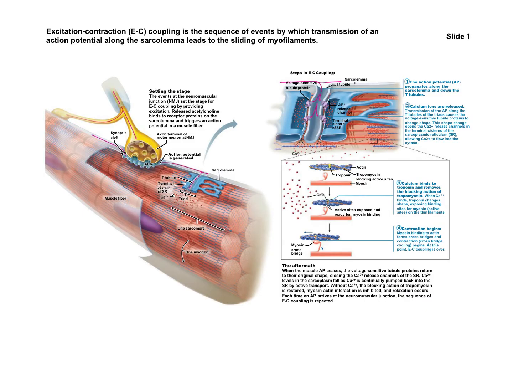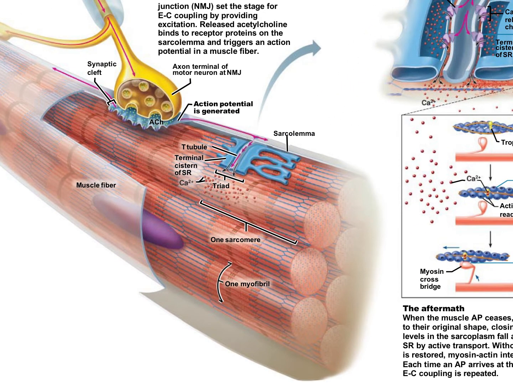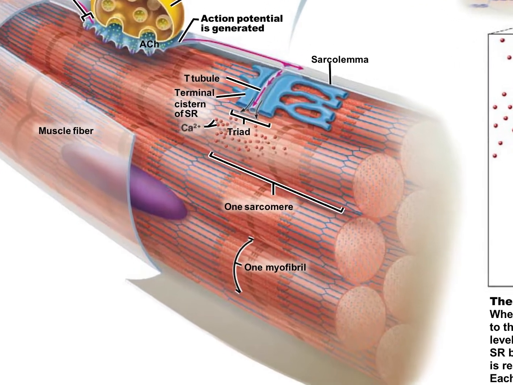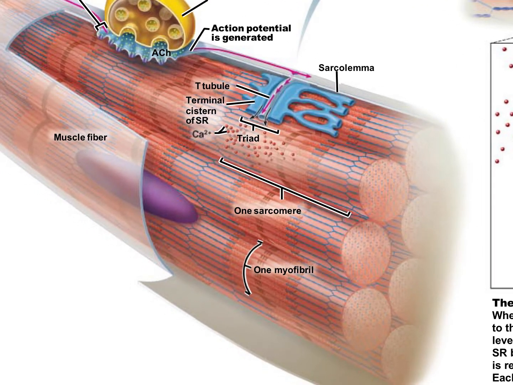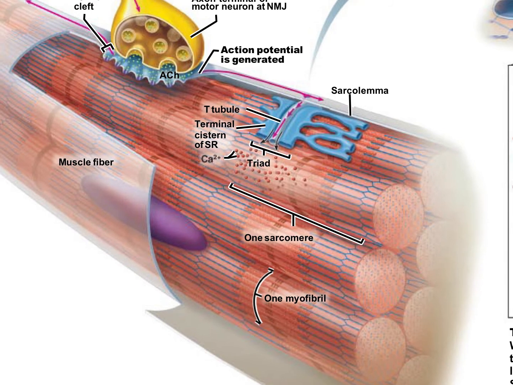So here's excitation-contraction coupling in one picture. An action potential is generated in the motor end plate. You get a local end plate depolarization, and then that's transferred to the sarcolemma and generates an action potential.